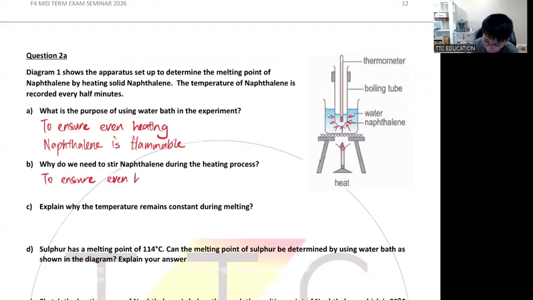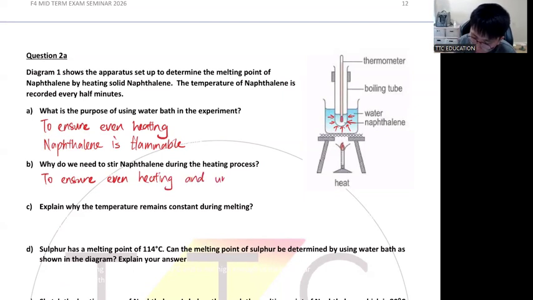Guys, this one is also the same answer. But some teachers don't like this answer for this topic. So you can say to ensure even heating and uniform temperature. Uniform temperature means the temperature is not like inside is lower, outside is higher. So uniform means you want the temperature to be evenly spread.